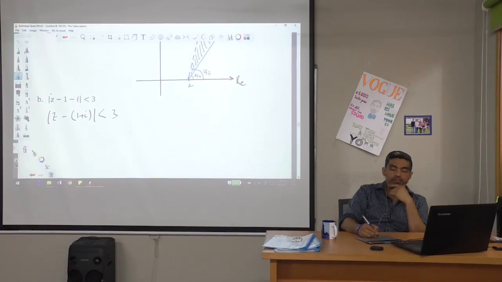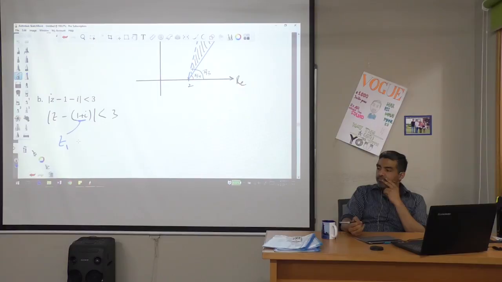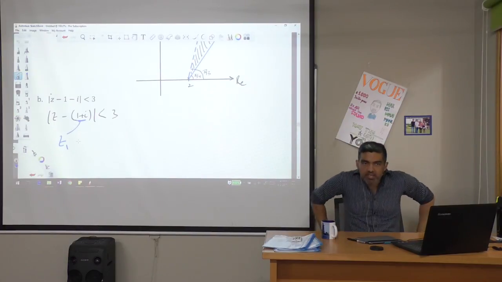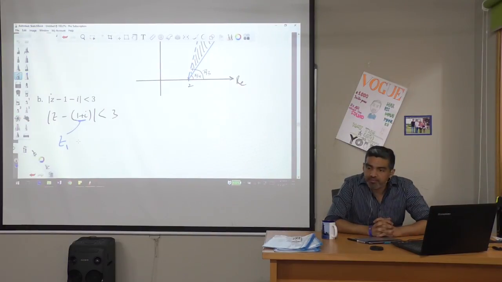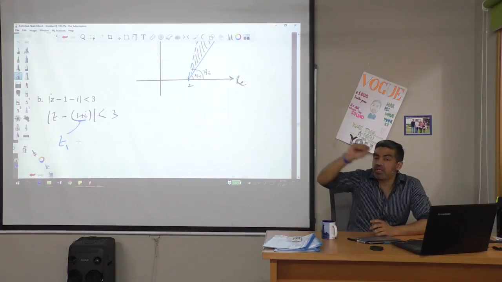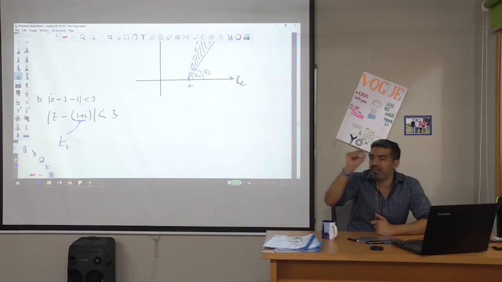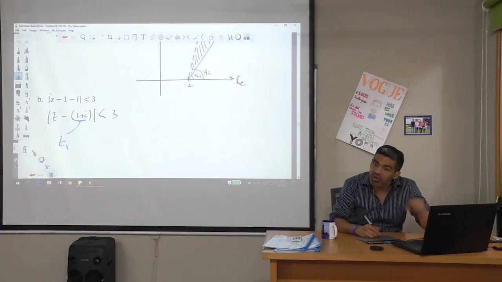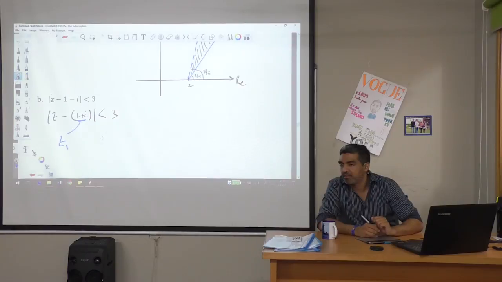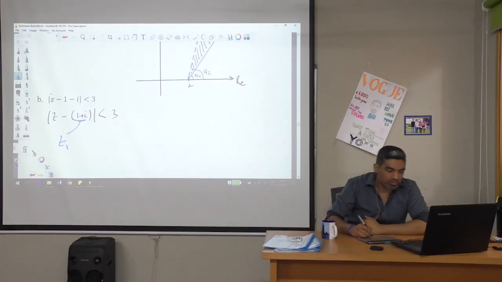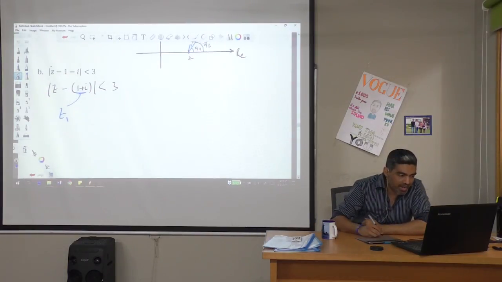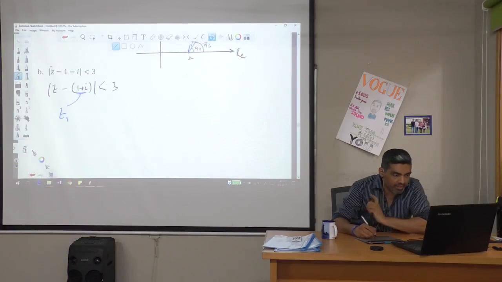So your z1 is 1 plus i. So you will make a circle around 1 plus i, and the circle will be a 3-unit radius circle, but the circumference of the circle will not be a full line. The circumference of the circle will be a dashed line because it's not included. Because 3 is not included. It's not equal to 3. It's within 3. So you have to mark an area, but the boundary is going to be a dashed line.